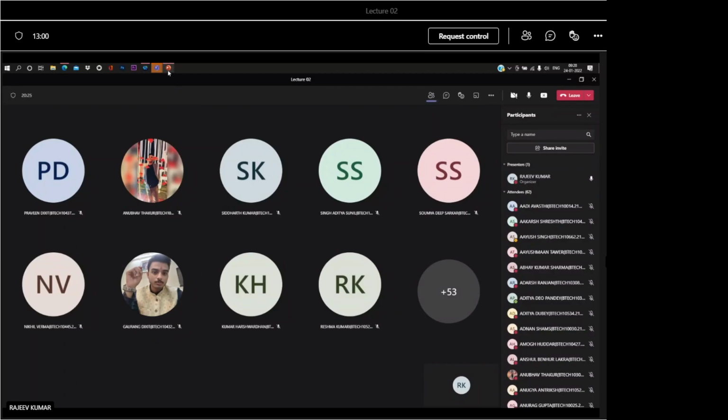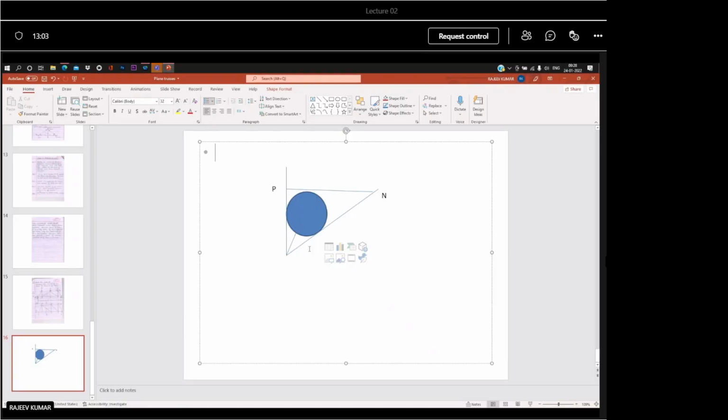I have given you the diagram of this. You write whatever the missing data I will tell to you.